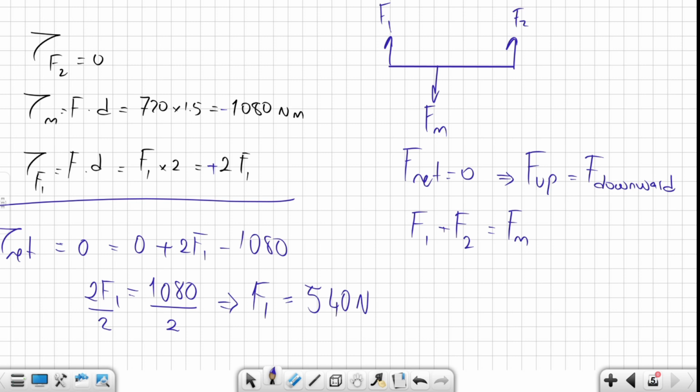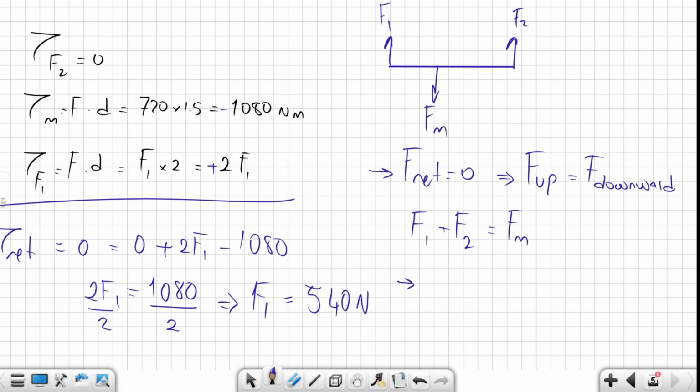If you use the net force right away, you have to include the downward force as negative. So you will say F1 plus F2 minus F man is equal to 0. But if you say F upward is equal to F downward, you don't have to add any negative to any of the numbers or forces.